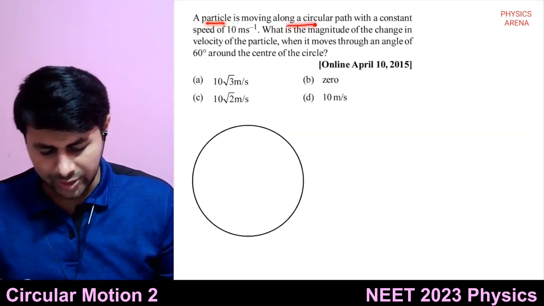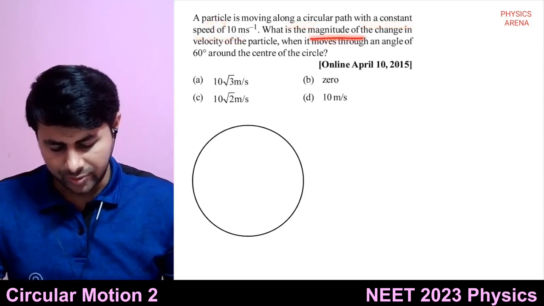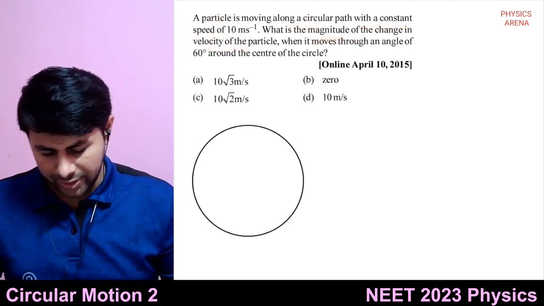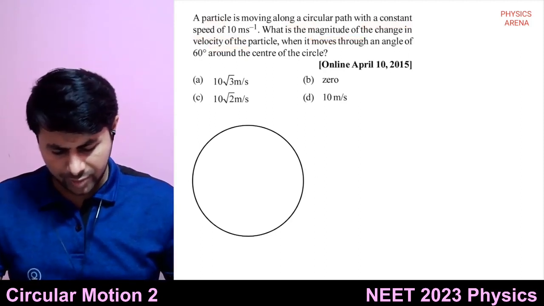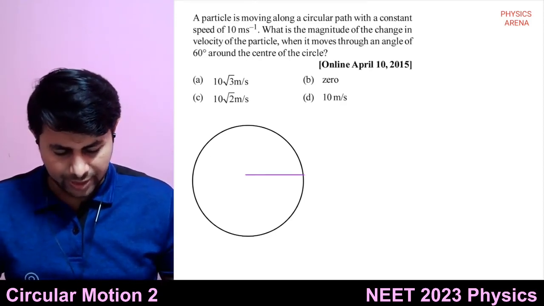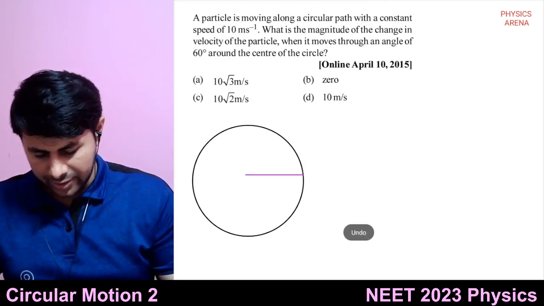A particle is moving along a circular path with constant speed 10 meters per second. What is the magnitude of change in velocity of the particle when it moves through an angle of 60 degrees? So let's suppose initially your particle is here, and its velocity will be in this direction.